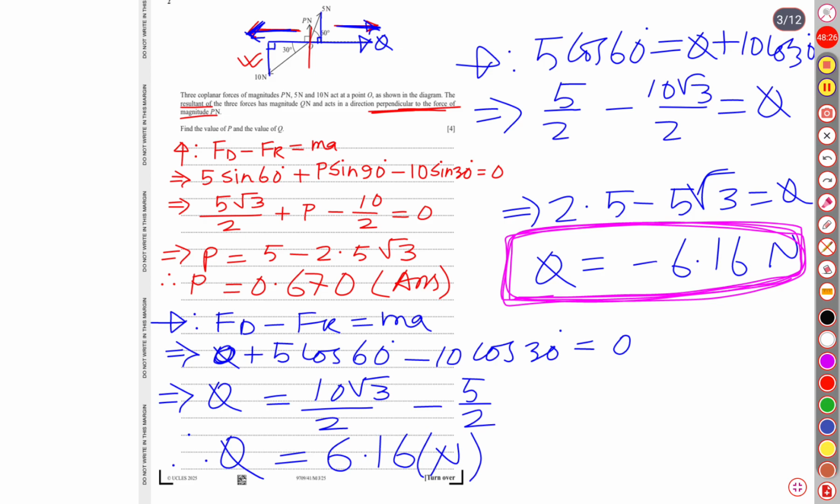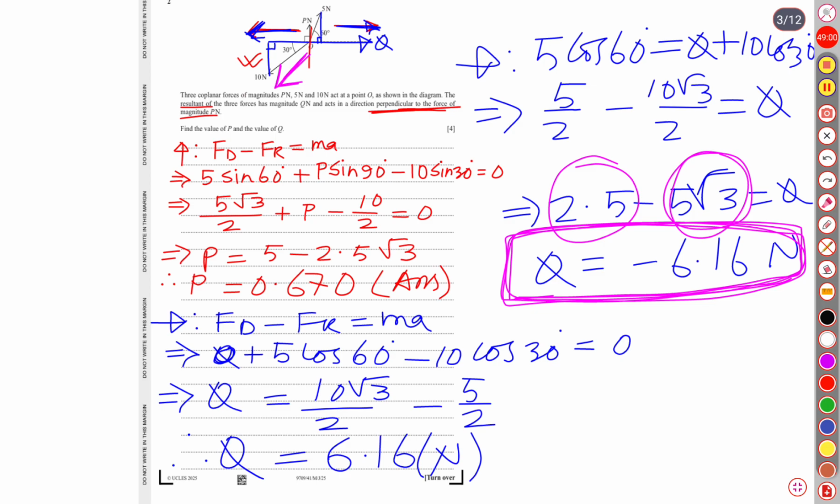Simply you will think that 2.5 minus 5 square root over 3 is the resultant force of this one. So as this is larger, definitely Q should be on the other side. The negative side is larger, so you will have to add up force on the right direction of x, otherwise it will not be equilibrium or equal.